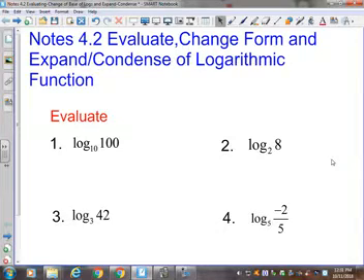Well, in a logarithm, this base tells me I'm multiplying a bunch of tens together to get the product of 100. So if you just think about that a minute, you might actually be able to think it through and understand the math. How many tens do you have to multiply together to get 100? 2, because 10 squared is 100.